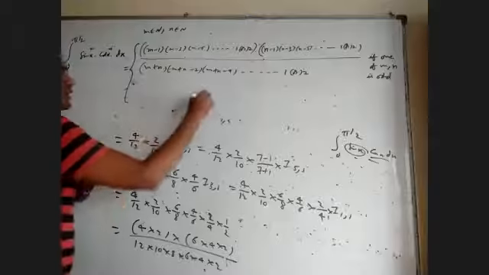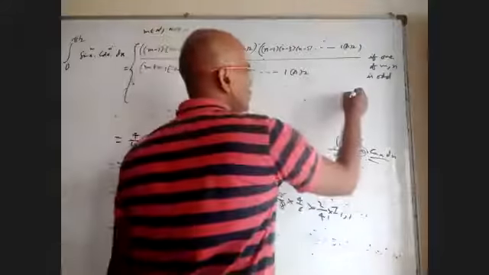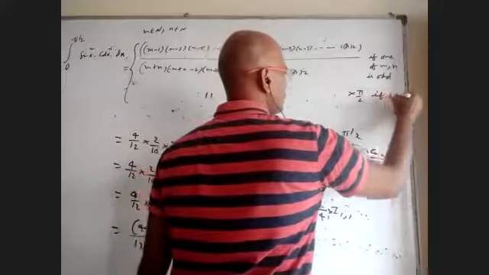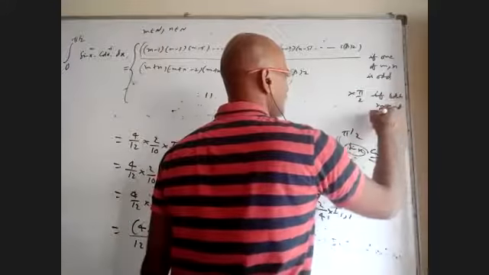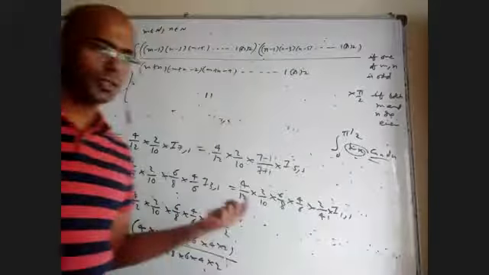We will get the same thing, full thing. You better write everything once again, and into pi by 2 will come if both m and n are even. Both are even, similar formula, but at the end pi by 2. That's it.